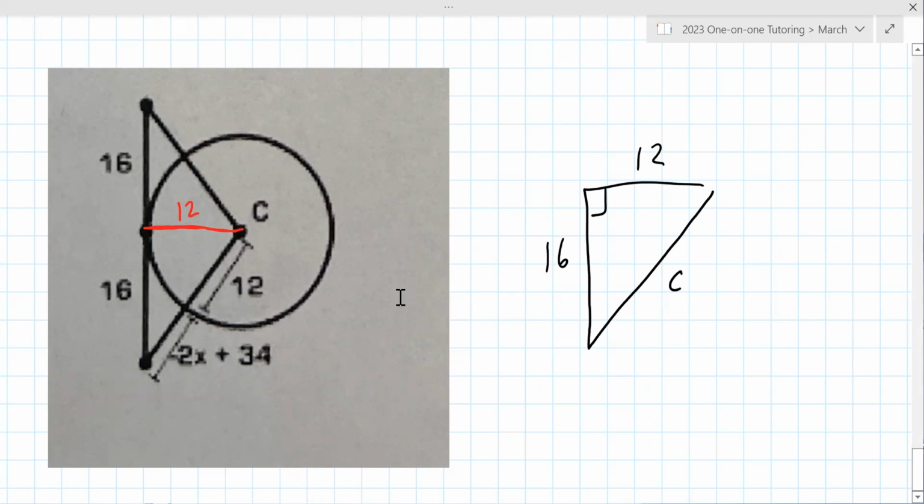We'll deal with this stuff here, but sometimes it's better to solve a simpler problem first. And this is another Pythagorean triple. Does work out nicely. 144 plus 256 is 400.